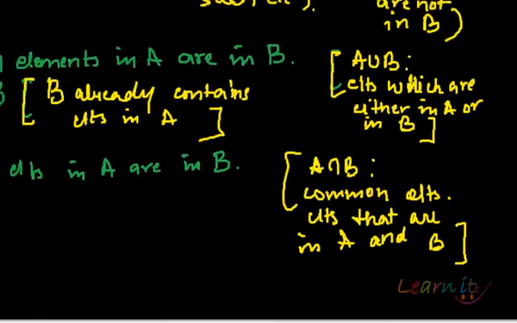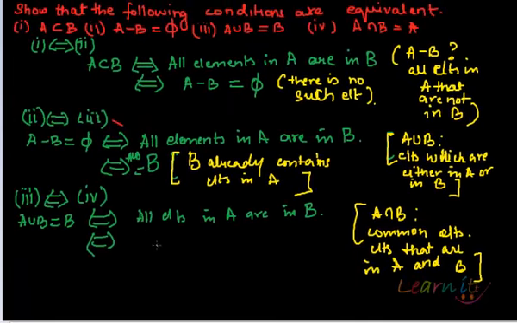So what are the elements which are there in both? All the elements of A are in both. So A intersection B should, in this kind of situation, equal A.